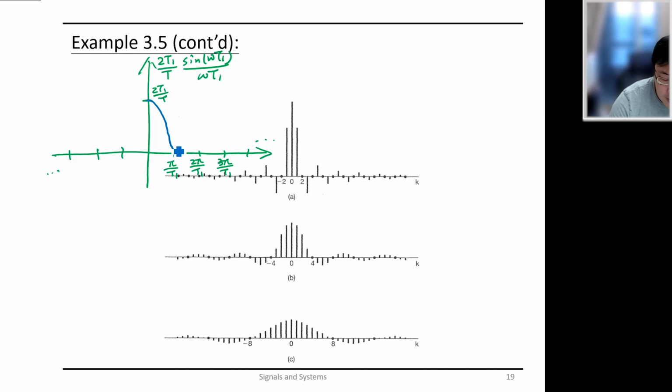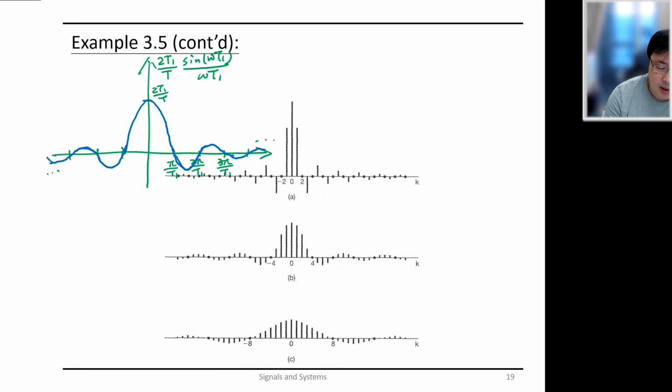And you have a sinc function like this. Okay.